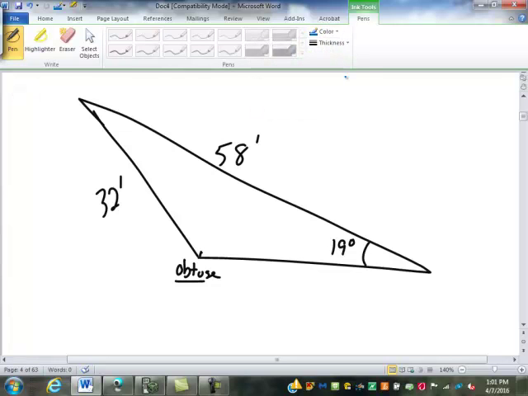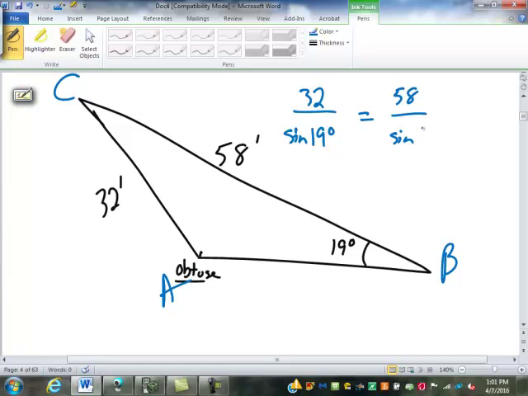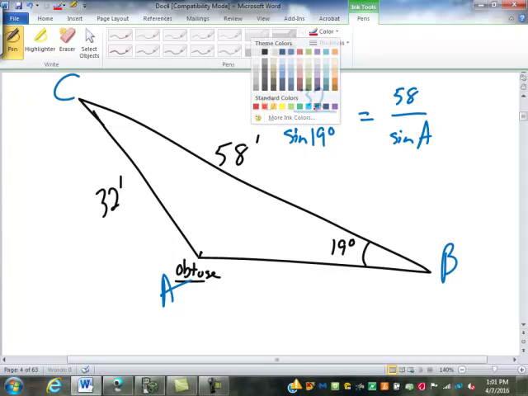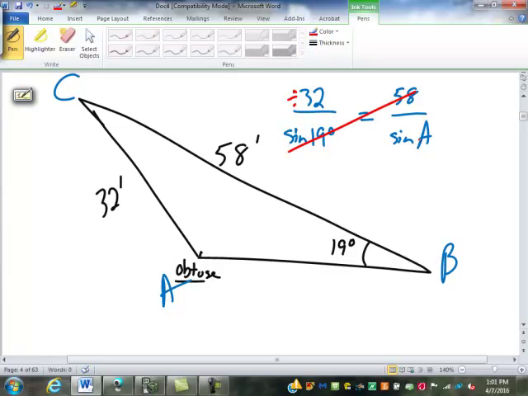Do we have two sides and the angle in between them? No. So we have to find missing sides or missing angles. So here we have a pair. We have 32 over the sine of 19 degrees, which is going to equal 58 over the sine of, let's just label it A, B, C, sine of A. So we're going to cross multiply and divide, then inverse sine to get the angle.